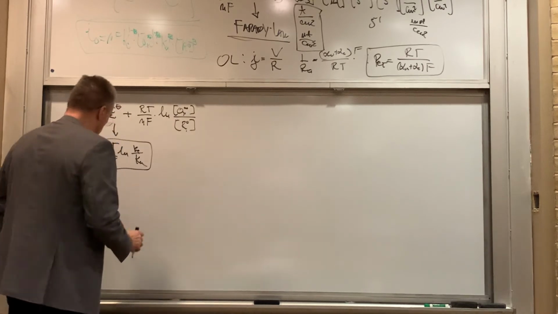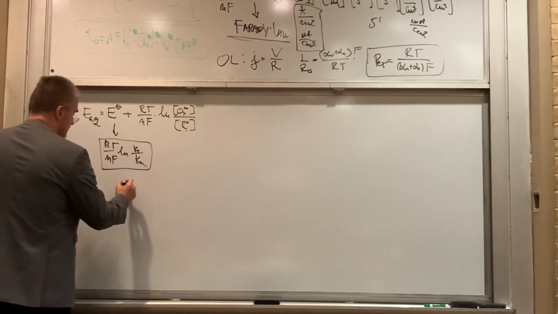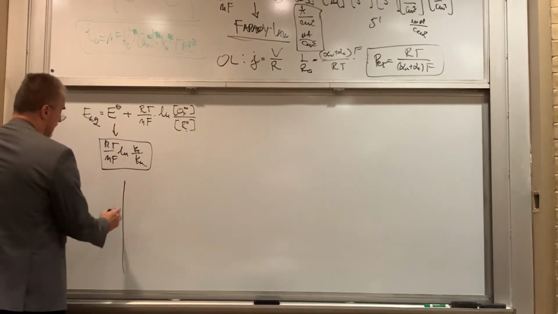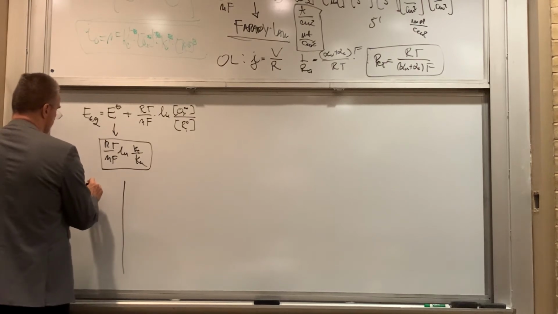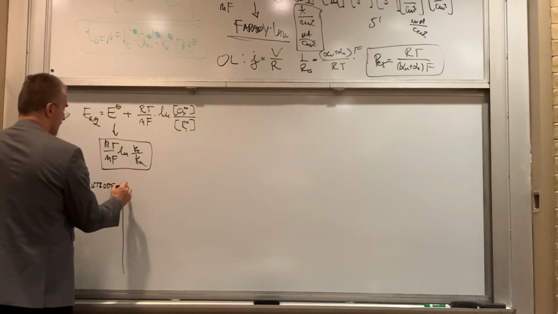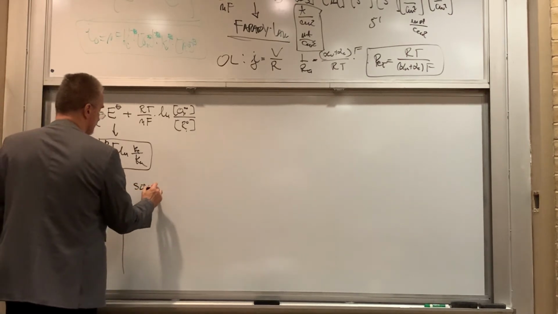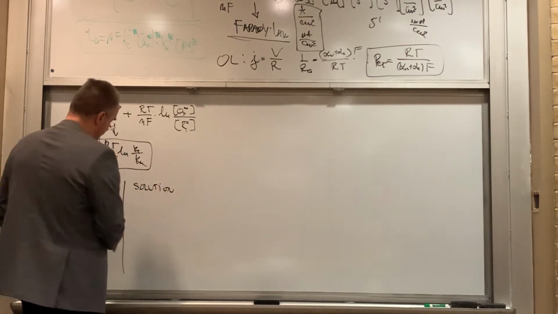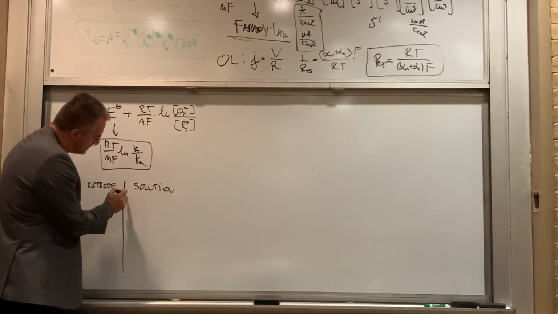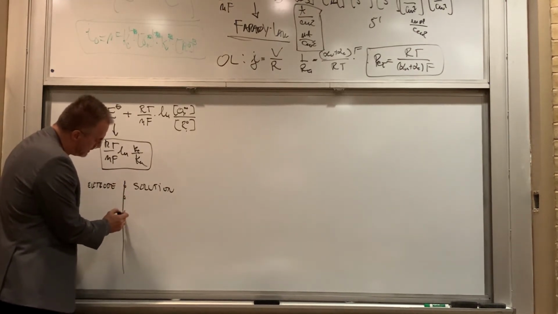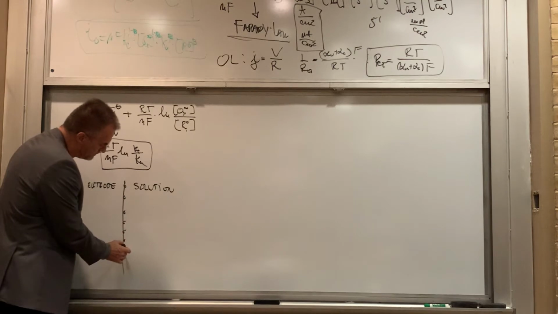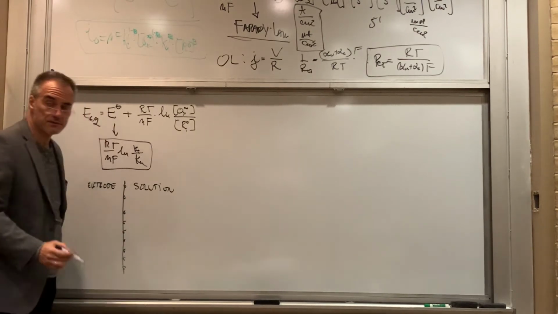I want to keep this relatively simple for you. This is our electrode, right? This is our solution. Now I have a concentration at the interface of some species.